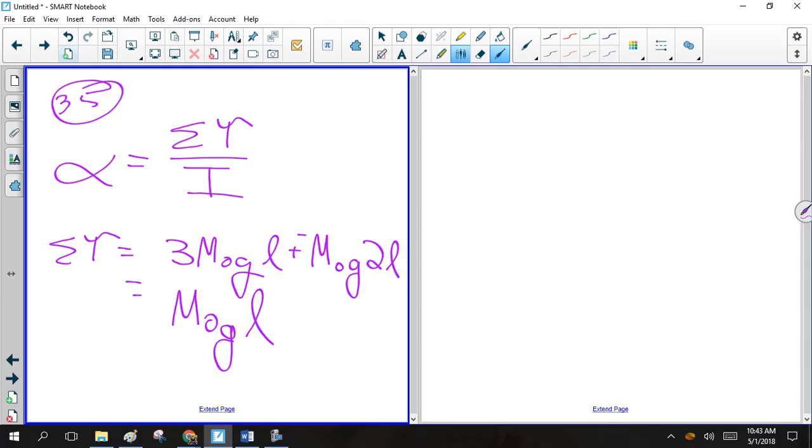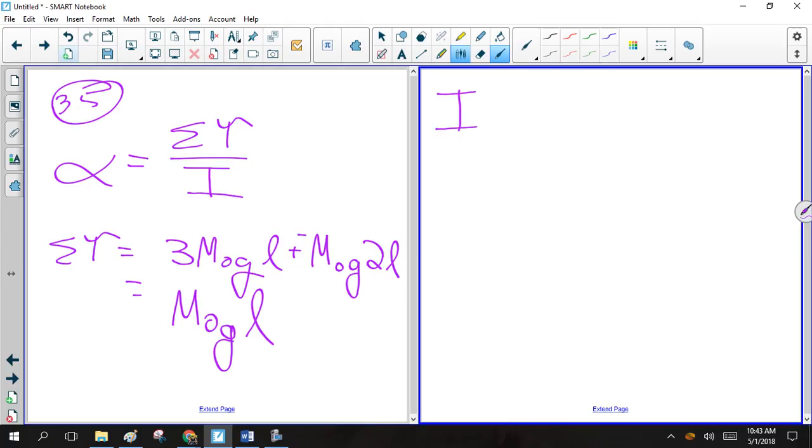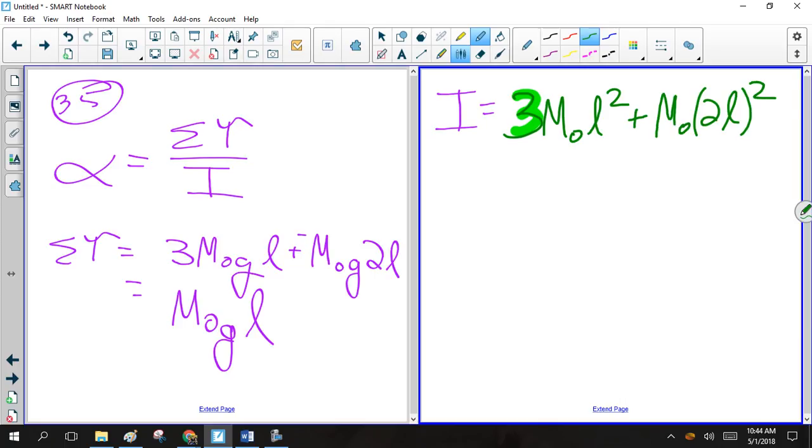All right, now we need to find our rotational inertia. So rotational inertia for a point particle is mr squared, right? So 3mo times L squared plus mo times 2L squared.